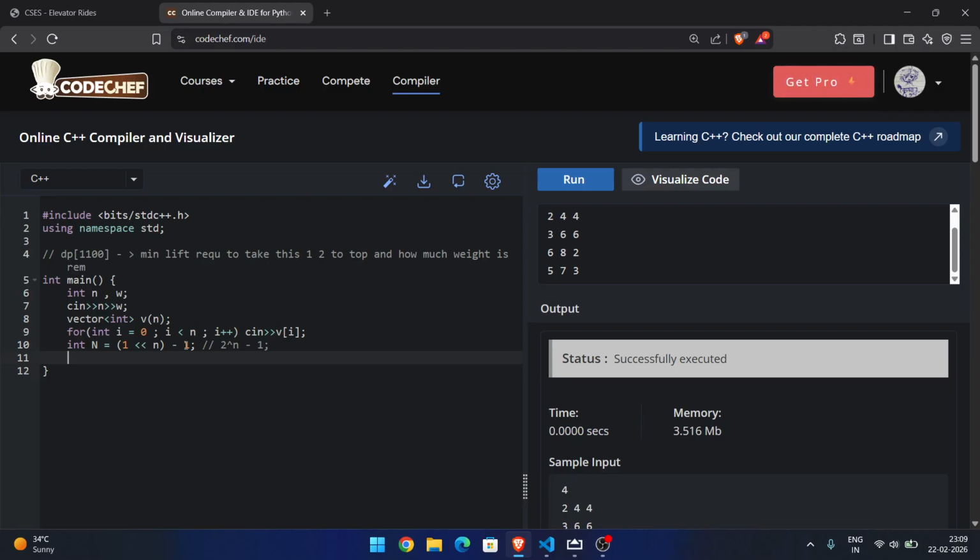Now we would require a DP that would be a combination of pair.